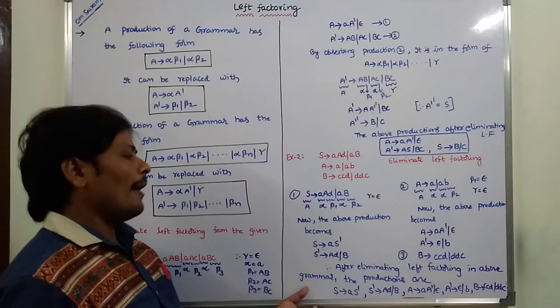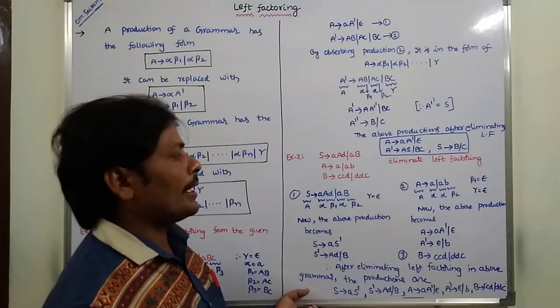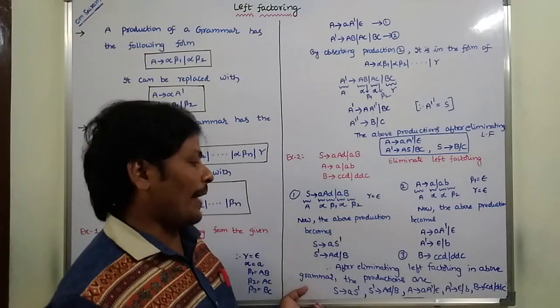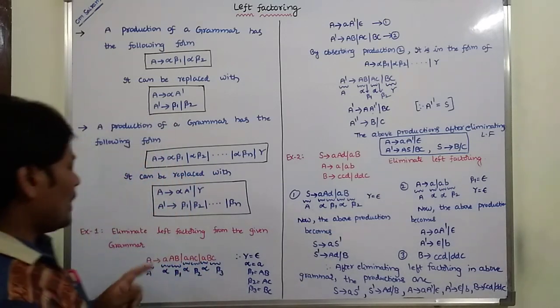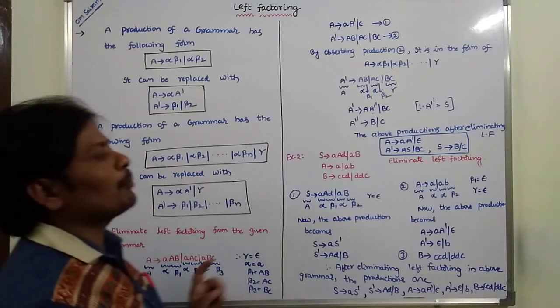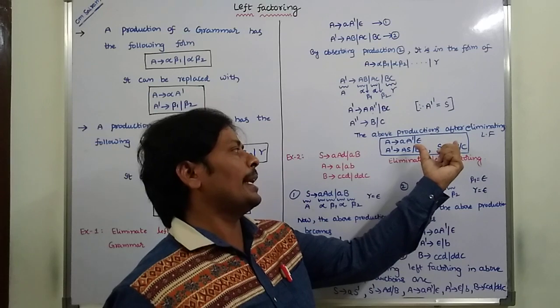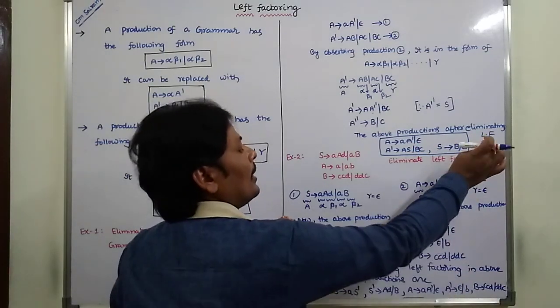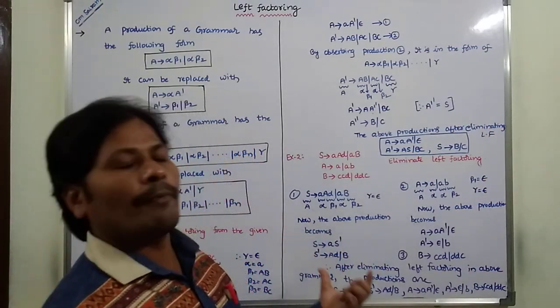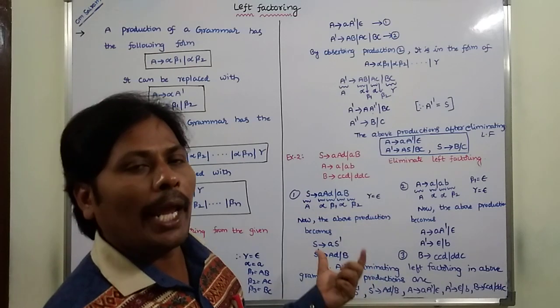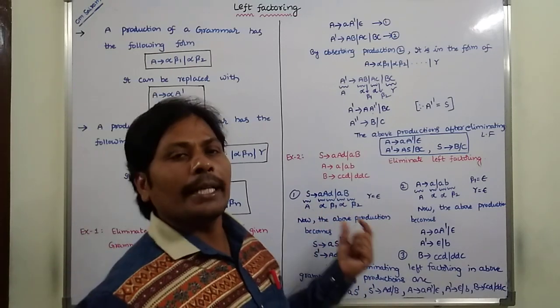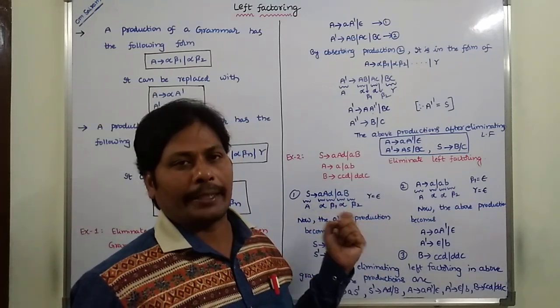Okay, this is the final answer after eliminating the left factoring. So for this grammar, the final productions after eliminating the left factoring are these. So in this way, we have to solve any problem where the given grammar has left factoring.